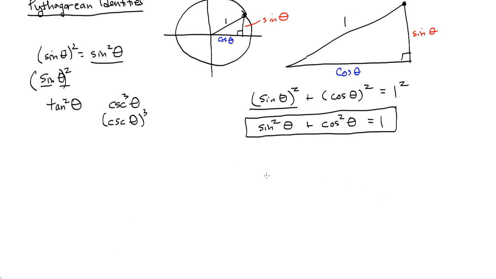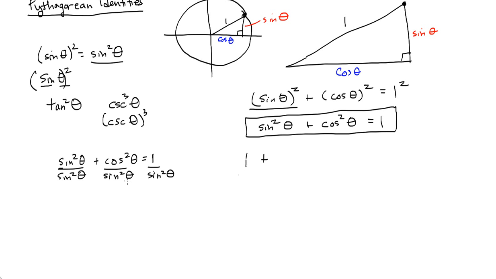There are two more Pythagorean identities, and they're derived from this one. The first one is derived from your basic Pythagorean identity by dividing everything through by sine squared theta. You can do that, as long as you divide everything in an equation by the same number. Sine squared theta over sine squared theta is 1.